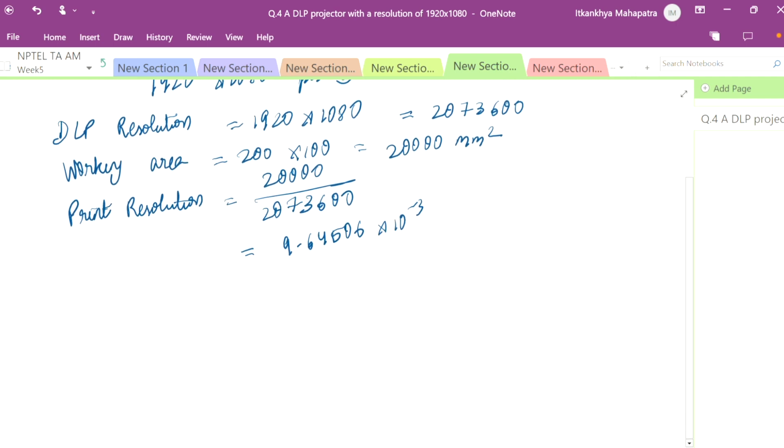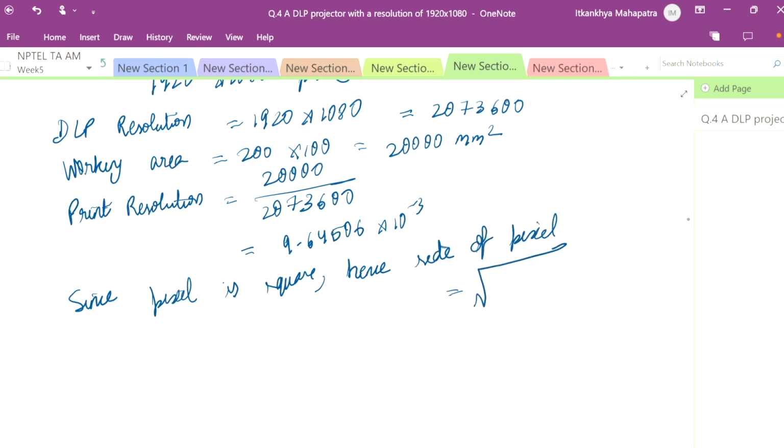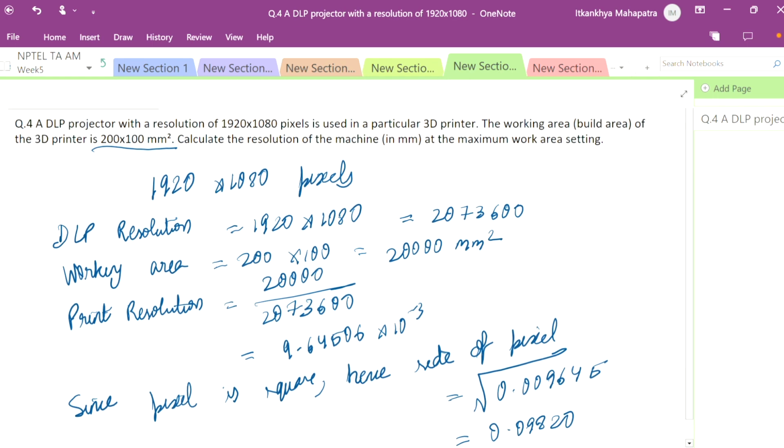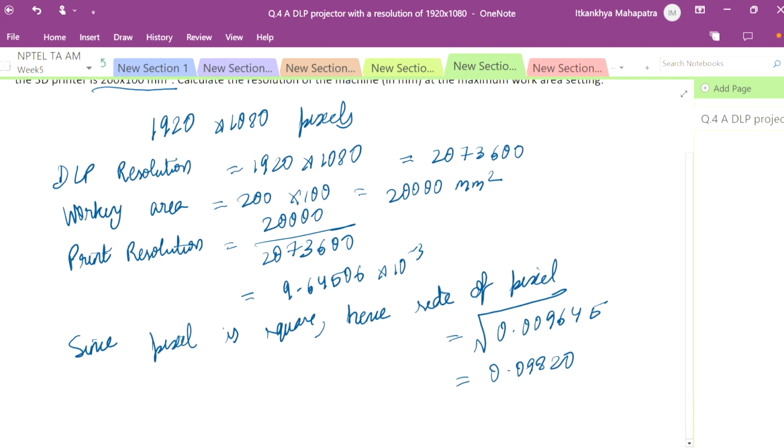Now since the pixel is square, hence the side of the pixel will be the square root of 0.009645, which is approximately 0.09280. So the correct option is, okay, I have mentioned the options. Okay, this is the answer.